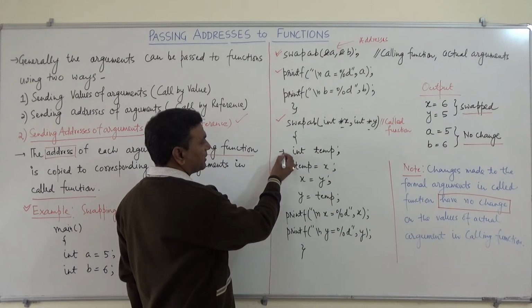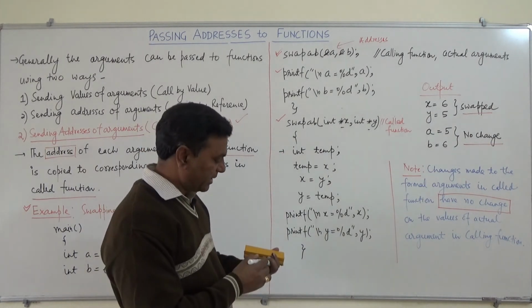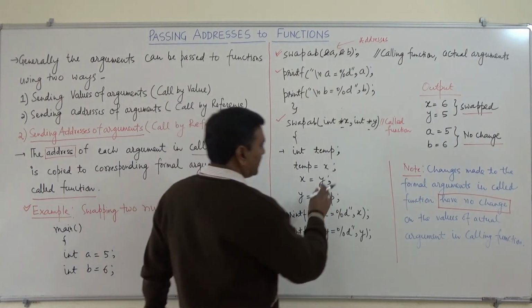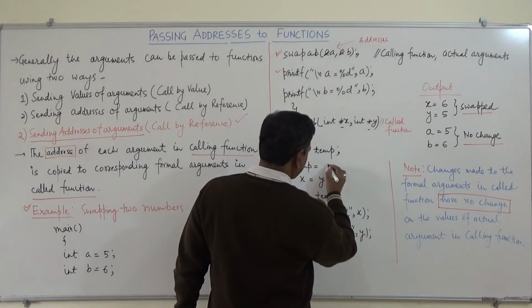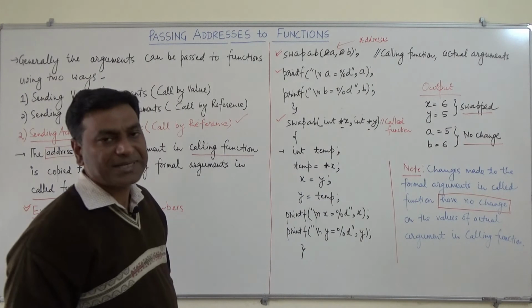Now we come here, we will declare the same variable temp. Now in this temp we will take the value: temp equals asterisk x.